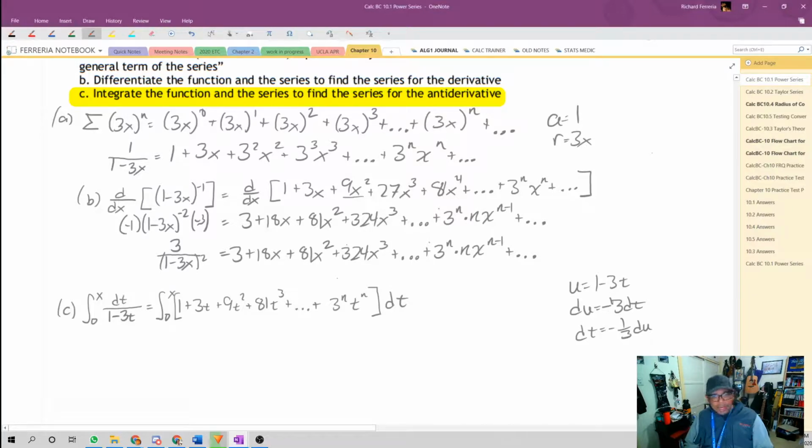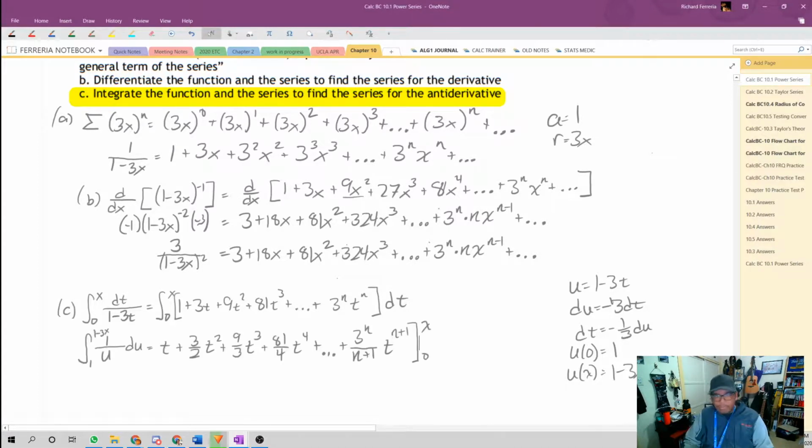Also, we can say at the lower limit, u of 0 is going to be 1, and then u of x, that's going to be 1 minus 3x. Which seems like it's going to be a problem. It's not. So my left side becomes the integral from 1 to 1 minus 3x of 1 over u du.